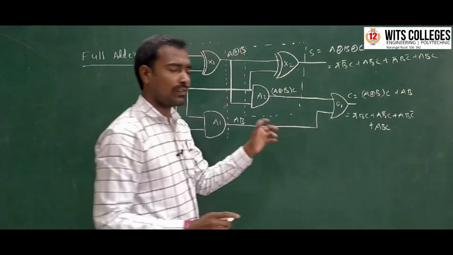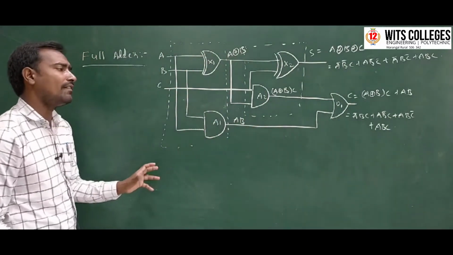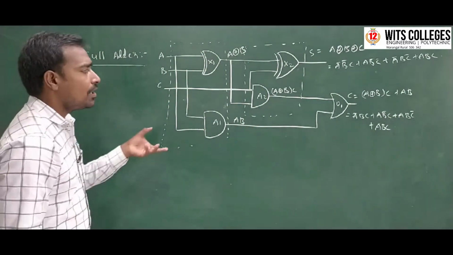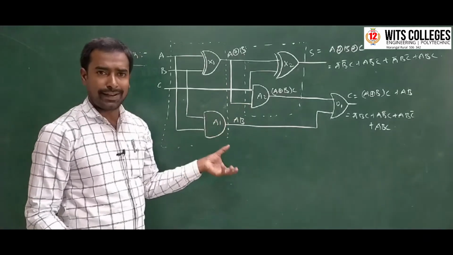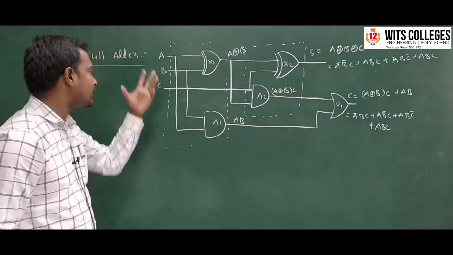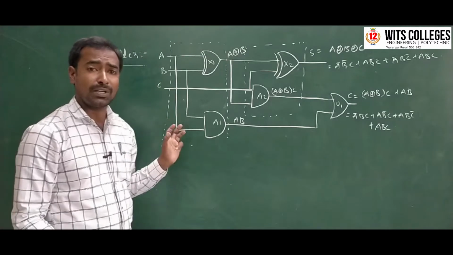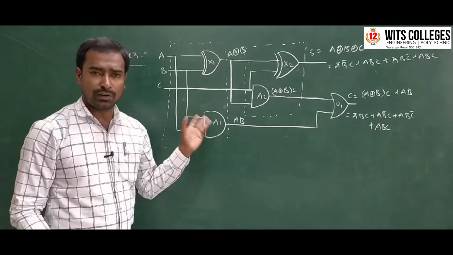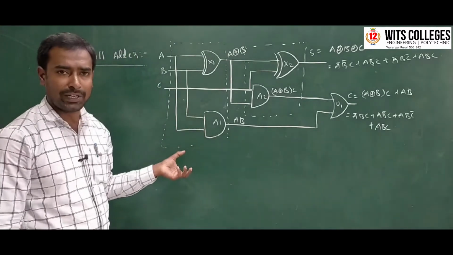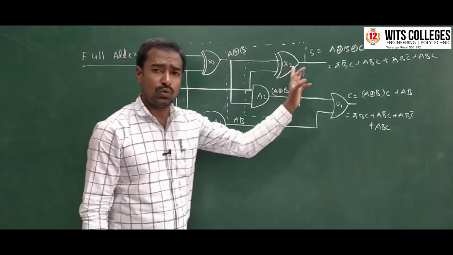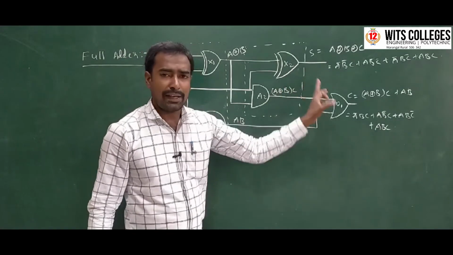So this is the actual carry output, and we have a truth table for this full adder circuit. When we take three inputs, we get 2 to the power of 3, that is 8 combinations, and we get two outputs, sum and carry.